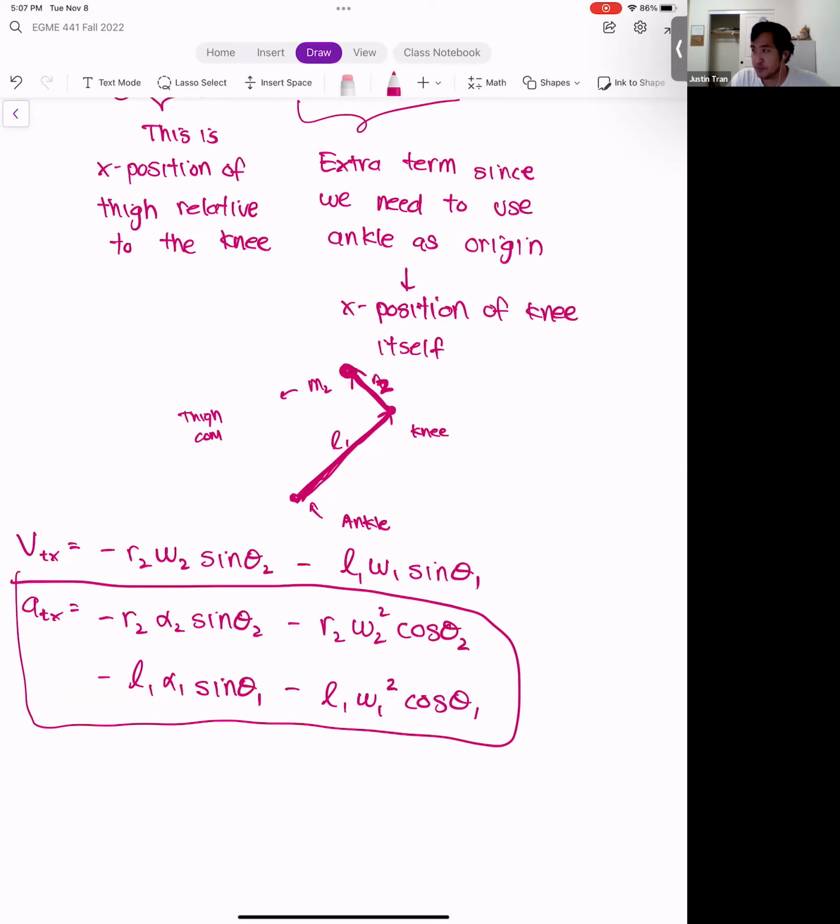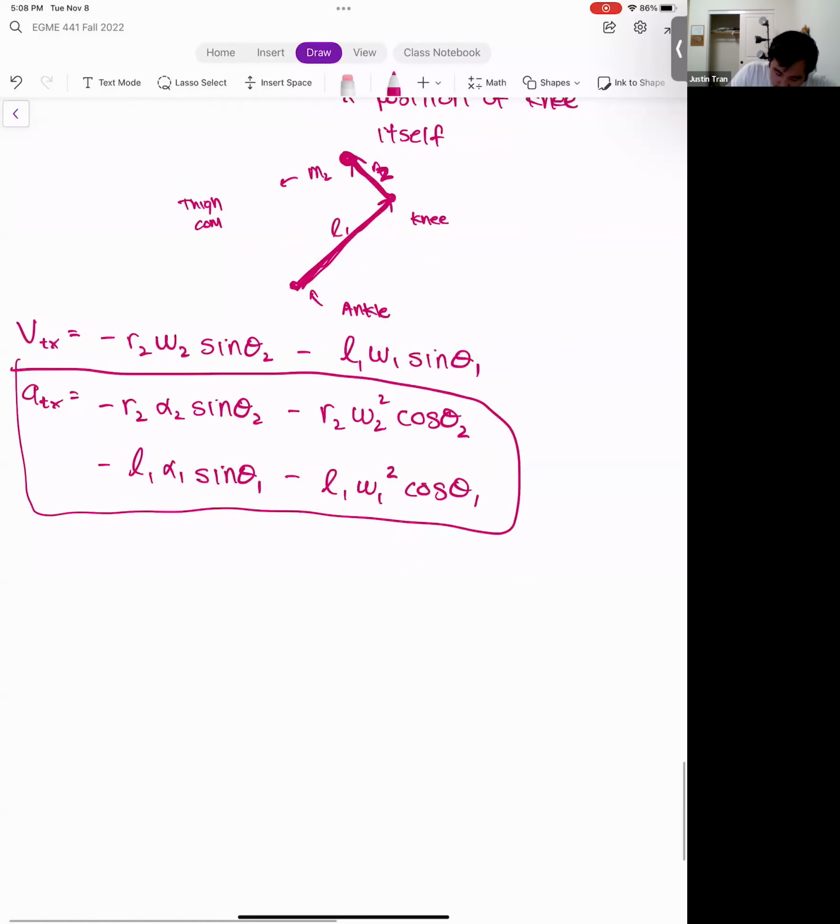So a bit more math here. As you get further away from your origin, the math kind of adds up. But just like before, make sure you're taking this systematically, step by step, and you'll be able to get this. Okay. All right. So let's do the same thing for y.